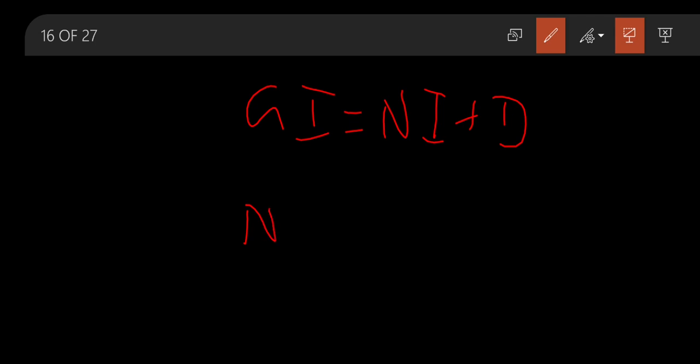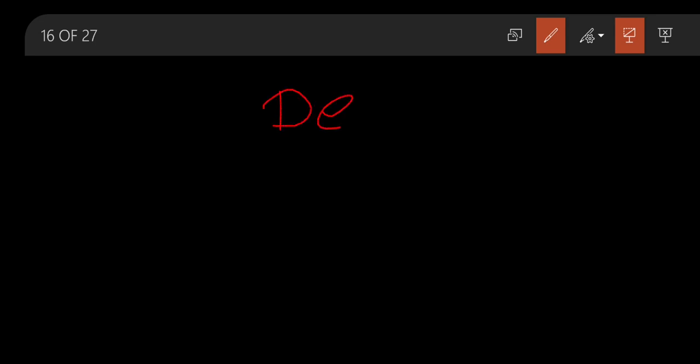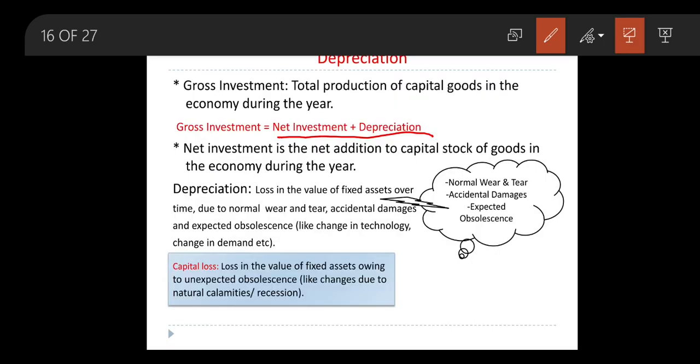And net investment will be equal to gross investment minus depreciation. And another name of depreciation is consumption of fixed capital. Remember this. All right.